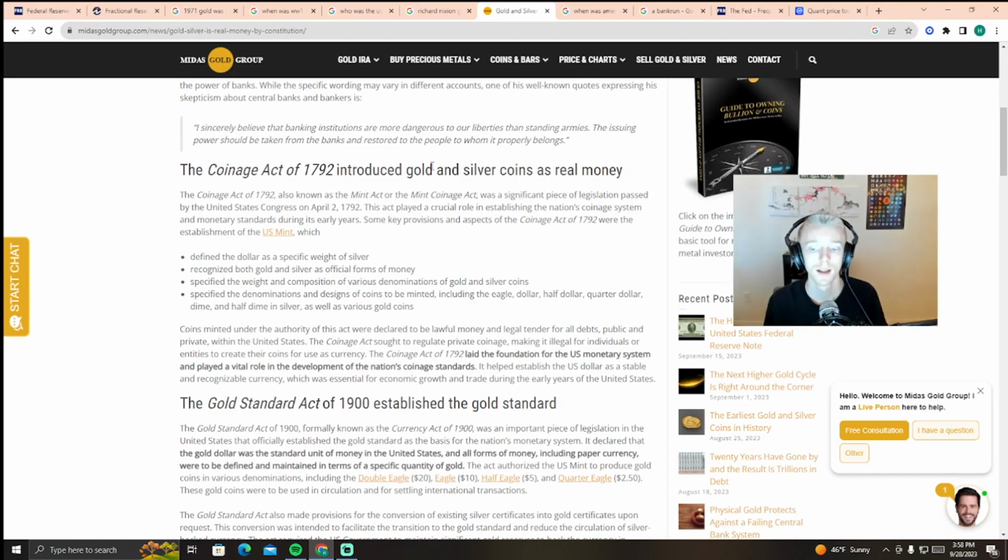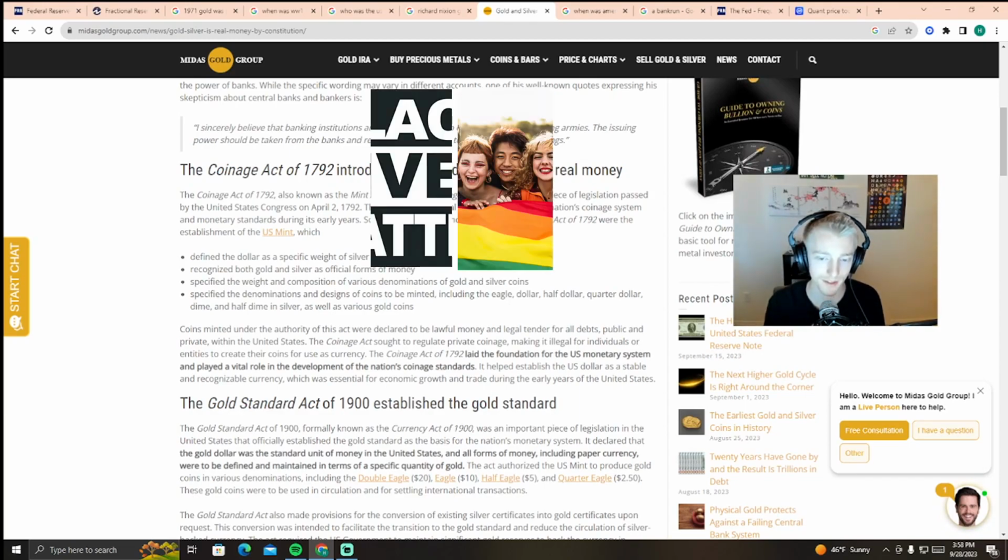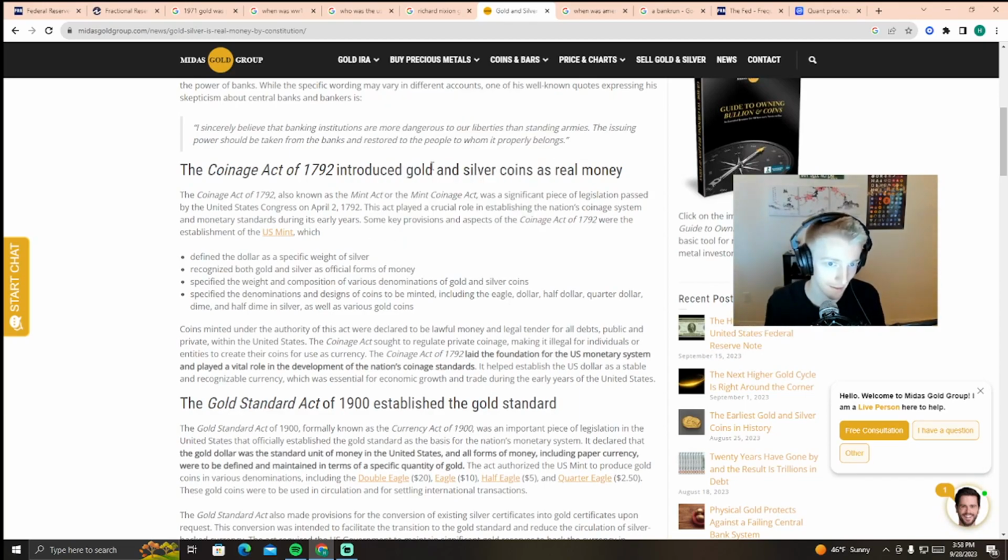So this is very sinister, very heinous, very anti-constitutional. You know, a lot of communism is coming back, and this is exactly what they were trying to avoid. So the Coinage Act of 1792, when America was founded, also known as the Mint Act, was a significant piece of legislation passed by the United States.